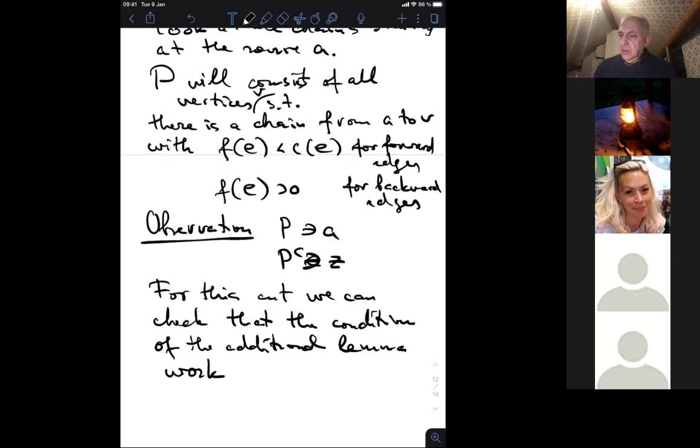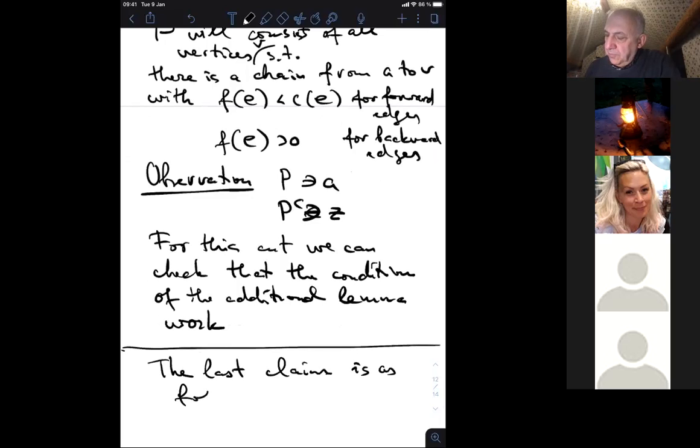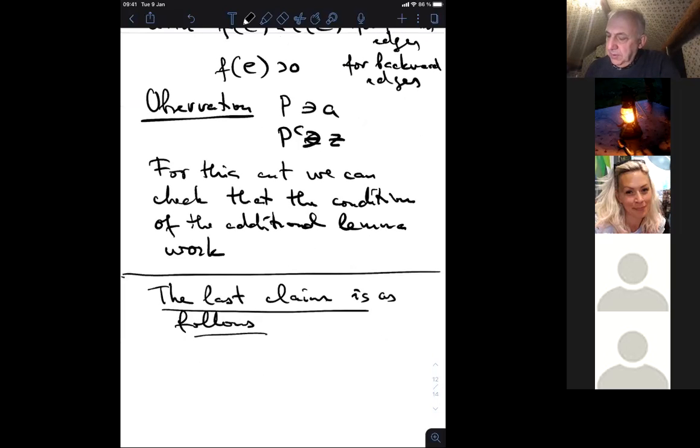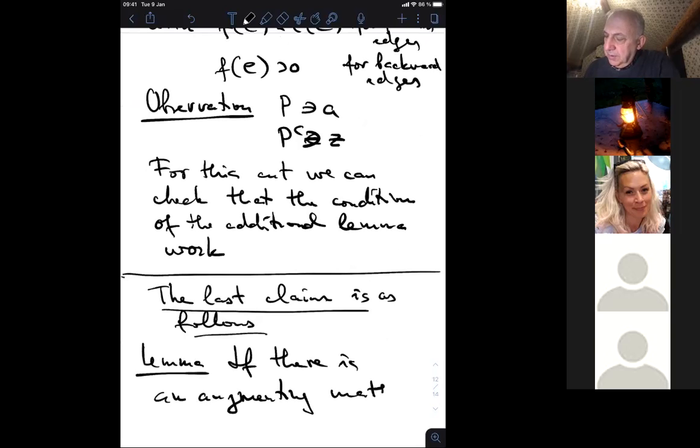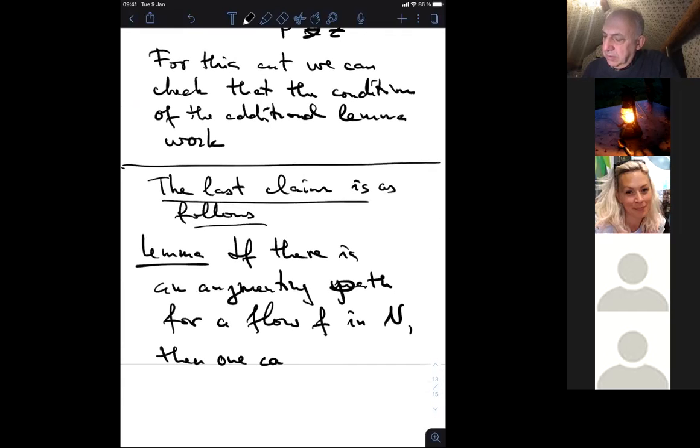Now the last claim is as follows. If there is an augmenting path for a flow f in n, then one can increase it.